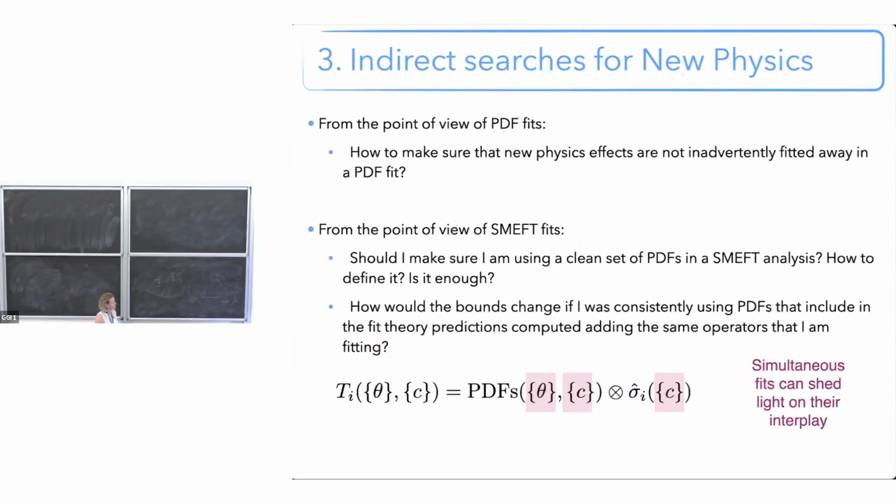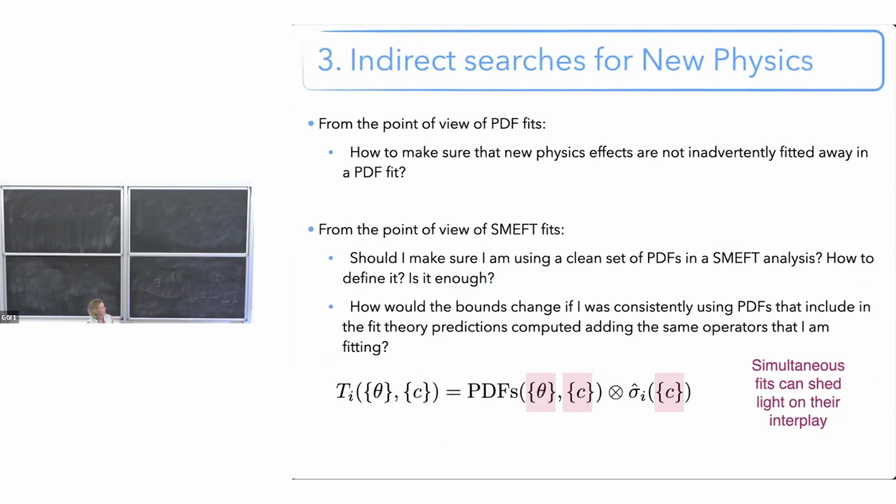So what we're trying to do is, can we do a simultaneous fit? This is a mess, because already doing a fit of PDFs is a mess, and now you add more degrees of freedom. But actually we managed to do it by using a neural network with extra layers that fits the parameters you want to fit at the same time as the PDFs.